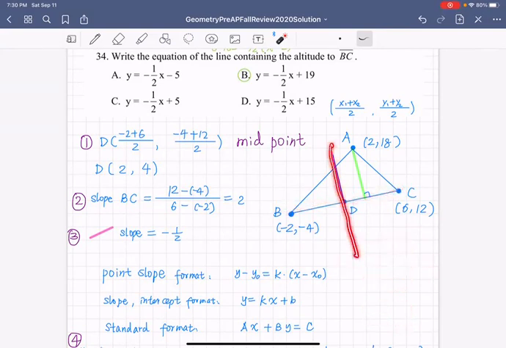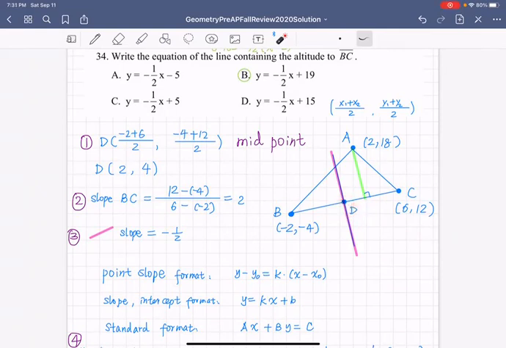This slope will be negative 1/2. Yeah. So far, so good. The point D, I want you to do one more time. How do I calculate this D point? It would be using the midpoint formula, right? Go ahead.